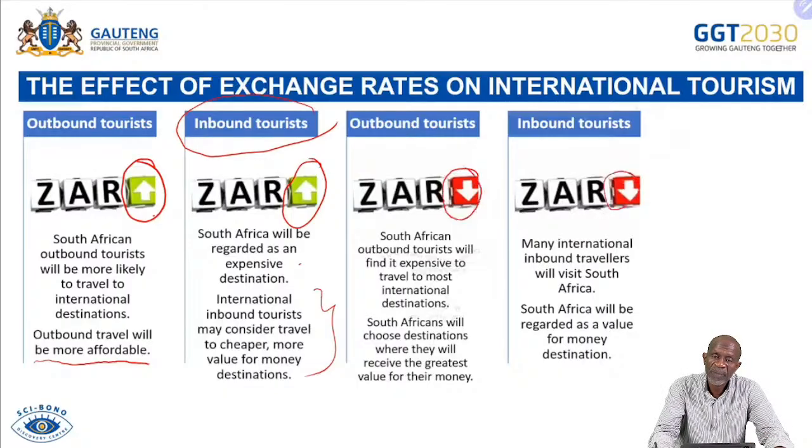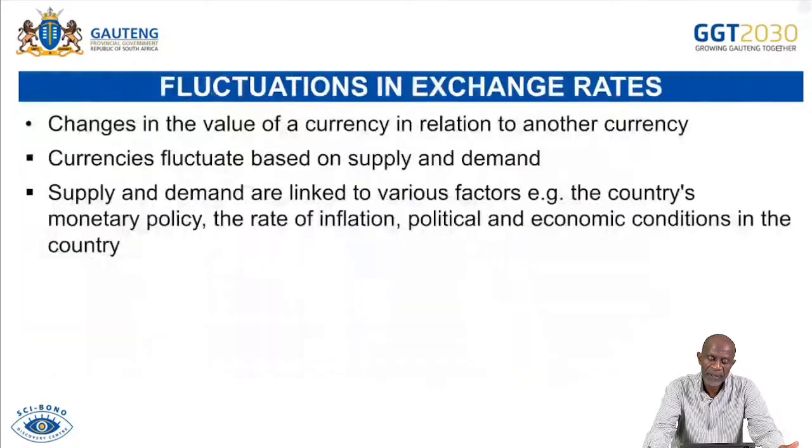So they will opt for cheaper destinations if the rand is weak. So inbound tourists, many international inbound travelers will visit South Africa if the rand is weak because things will be cheaper in South Africa and South Africa will be regarded as a value for money destination. It will be regarded as a cheap destination and thus will attract a lot of international tourists.